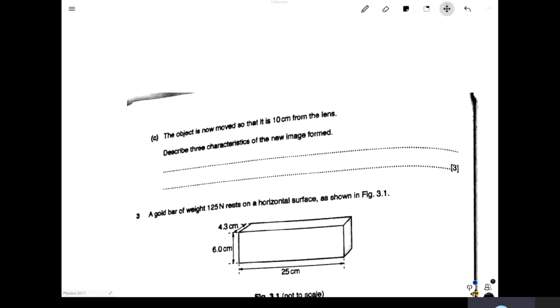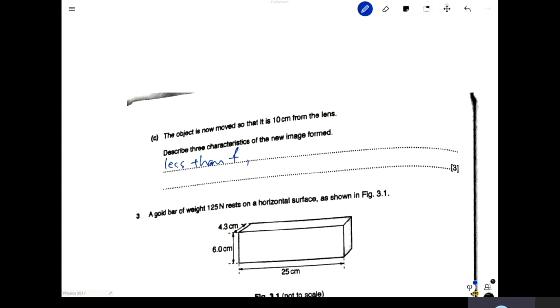Because it becomes less than f. Less than f, you're gonna memorize. Remember all the converging lens things?